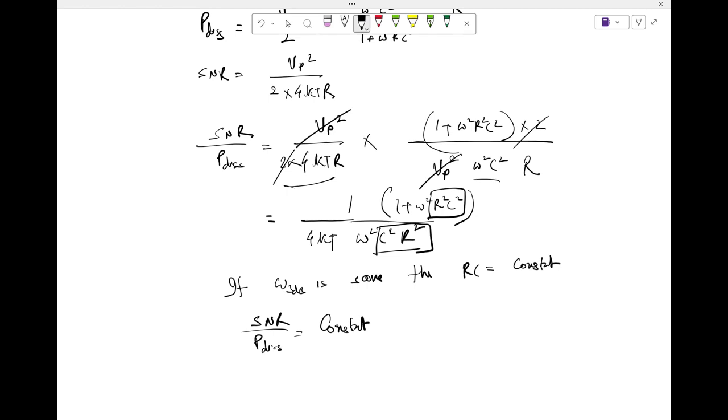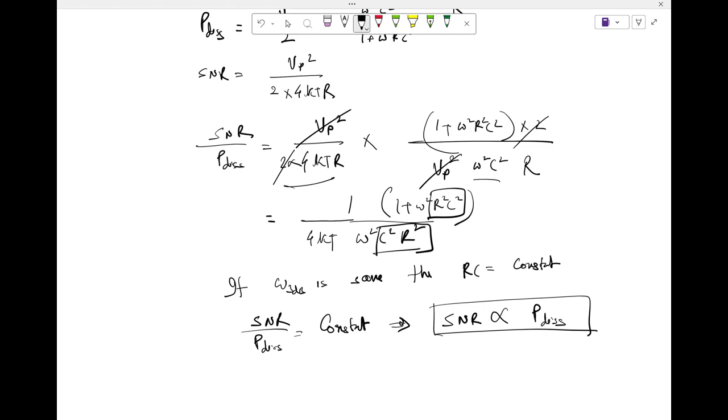Right? Which naturally means that if you want to buy SNR, you'll have to pay with power, right? So the SNR is proportional to power dissipation, right? Does this make sense or did I confuse you even more? I think I confused people.